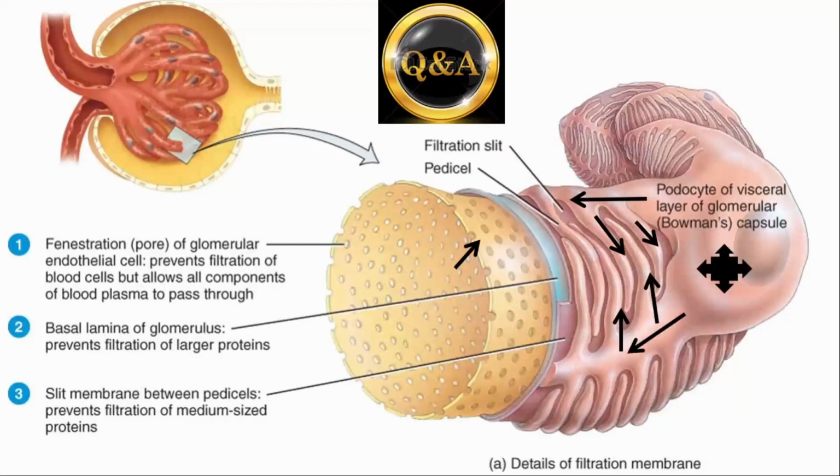The endothelium has several holes in it, so that these holes allow fluids and waste products, but they don't allow cells to come out. And of course, each endothelial or epithelial cell has a basement membrane.